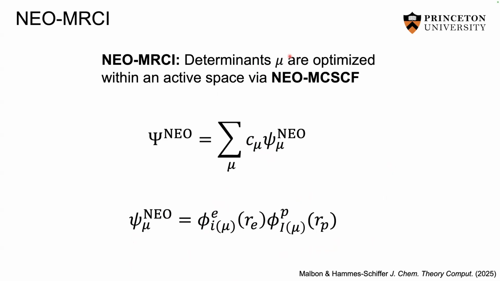They're now re-optimized within an active space via an MCSCF, like a CAS-SCF or RAS-SCF optimization, where this kind of static correlation multi-reference character is incorporated by doing an optimization in this active space. And by doing this CI expansion, we can then get an accurate answer for the ground state and also resolve all of these vibrationally or vibronically excited states.